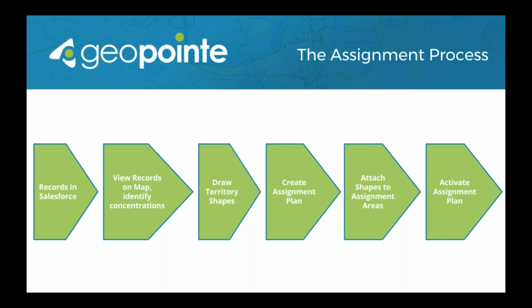And those records are going to fall inside of the shapes. Once you've done that, then you're ready to create your assignment plan. And once you've got the plan created, you can build out assignment areas and assign shapes to those areas. And once you've done that, you are ready to activate your assignment plan. And at that point, you're going to start to see the assignment data written onto your records.